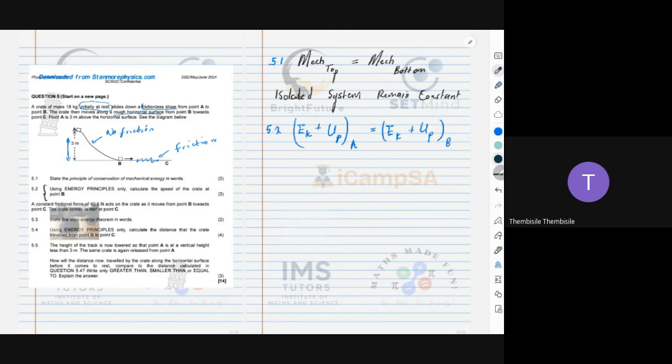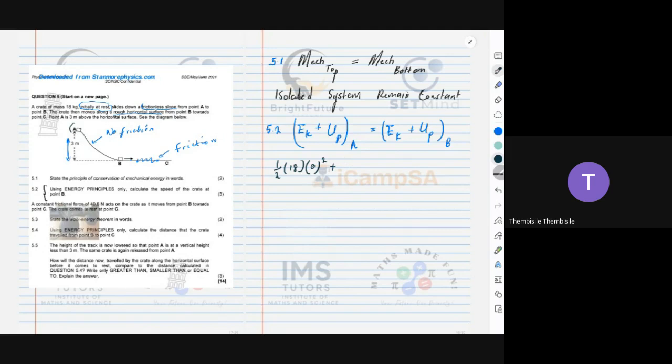So what we are saying here, at point A, we have kinetic energy, which is 1 over 2 the mass of the box, 18 kg, times the velocity at point A, which is at rest initially. So that means it's 0. So you can say 0 squared plus the mechanical energy.